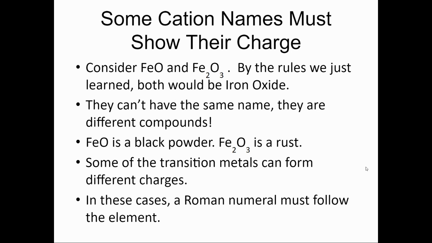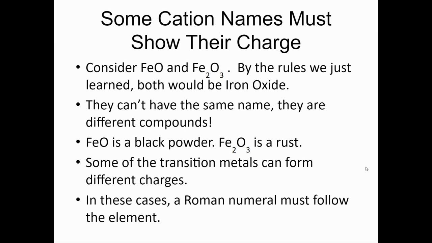Some cations' names must show their charge. Consider iron oxide and iron oxide. With the name, you see there's no difference. But if we look at the number of atoms in the compound, there's a big difference. By the rules we just learned, both would be iron oxide, right? Iron is the one giving up electrons.